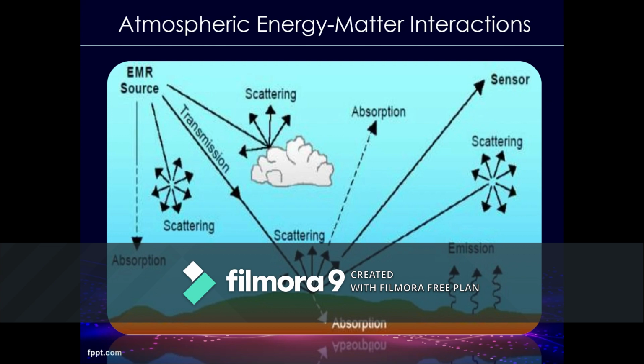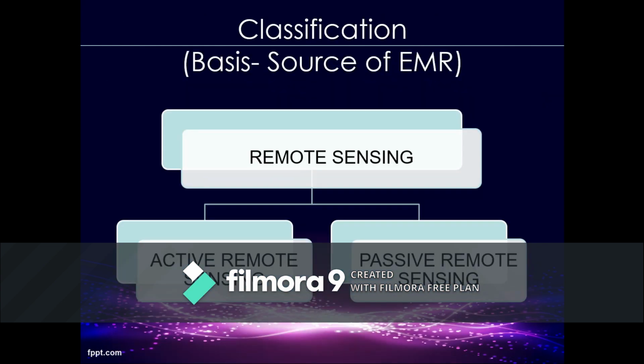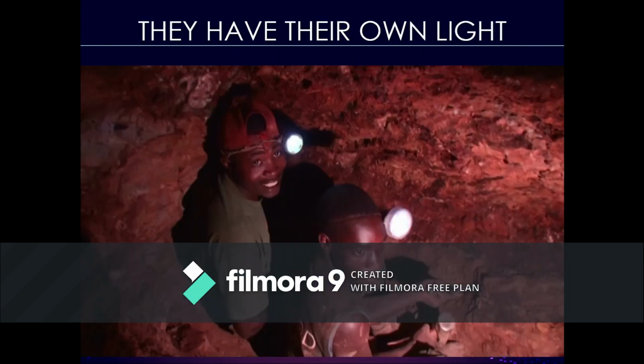There are again some interactions going on. And now the very important classification that we have already mentioned earlier: active remote sensing and passive remote sensing.